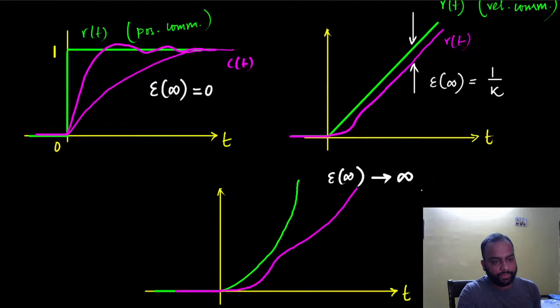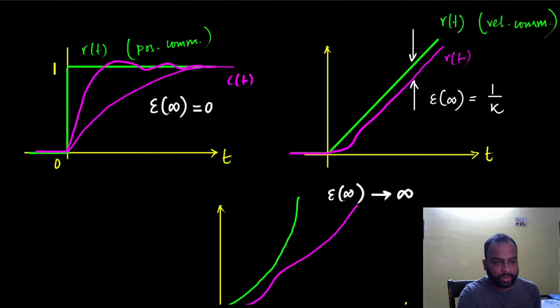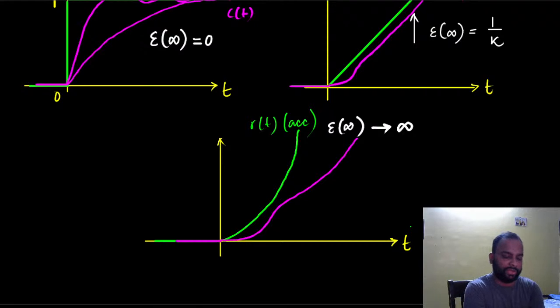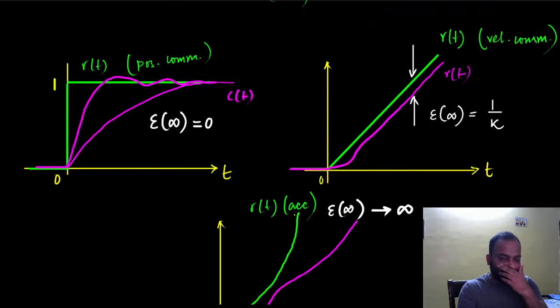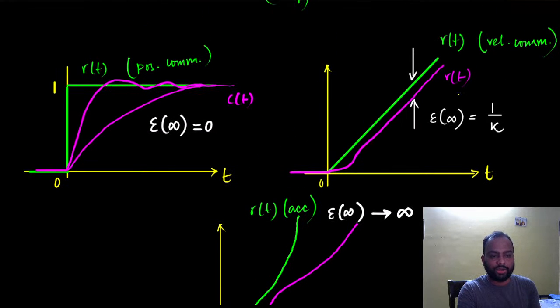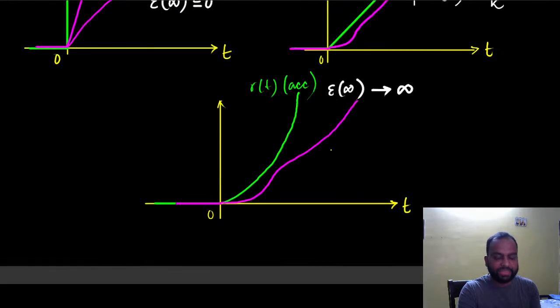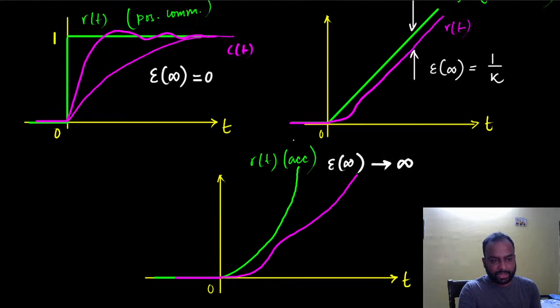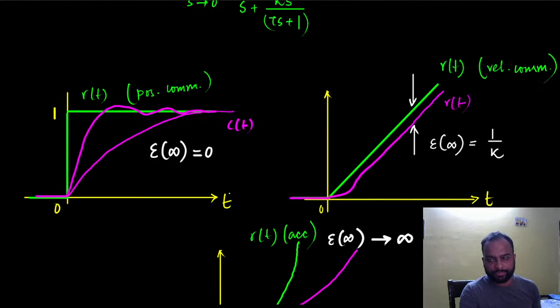Here R(t) is the acceleration command, so it won't be able to follow an acceleration command properly. I think you people got this, right? The very simple thing: a system that couldn't follow a velocity command would fail miserably in following an acceleration command. Just like that.